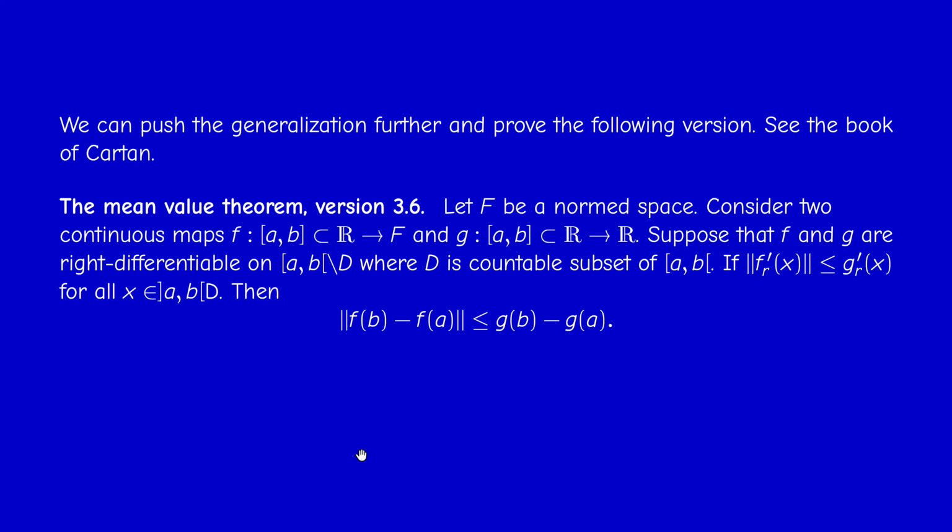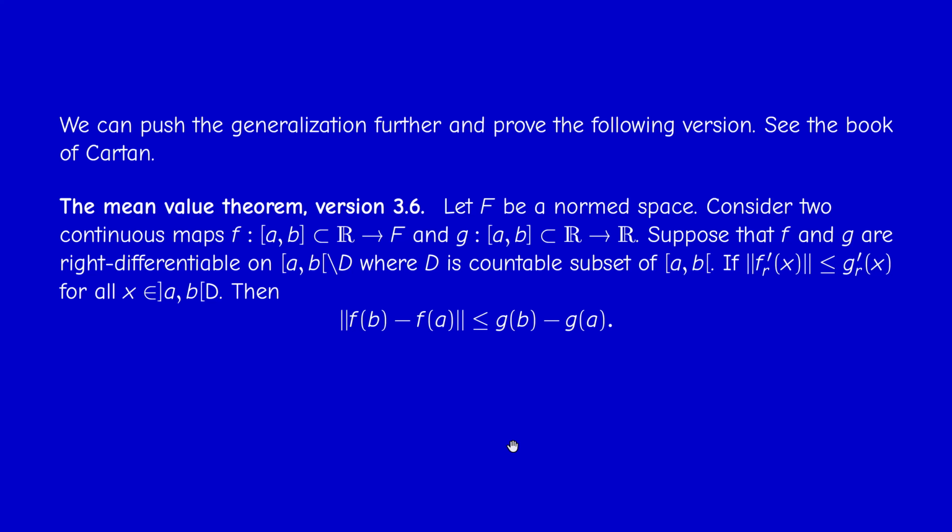We have to modify a little bit the proof of the previous version, because you have just to add an extra term taking into account this countable set D. Since I'm not going to use it in this generality, I will not prove it.